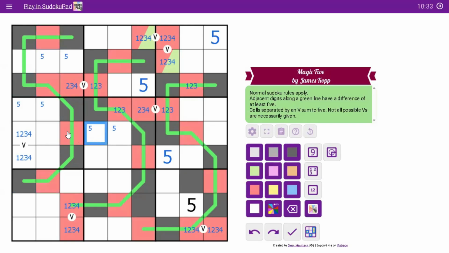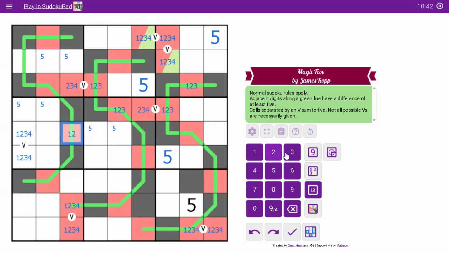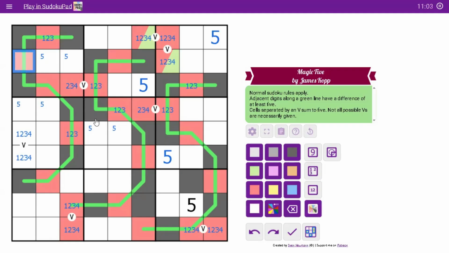Now maybe we can play around with the 4s, which are quite restricted on the German whisper. Again, this can't be a 4 because that would put double nines here. It's 1, 2, or 3. That's not a 4. 1, 2, or 3. Okay, this is also low. I didn't color. That's not a 4, so that's 1, 2, 3. I guess this could be a 4.